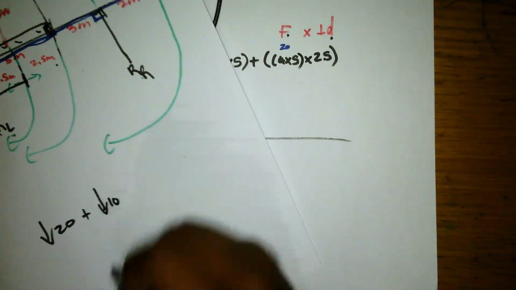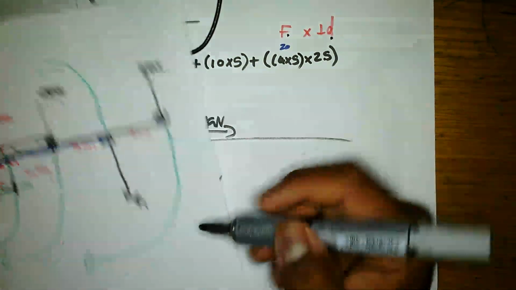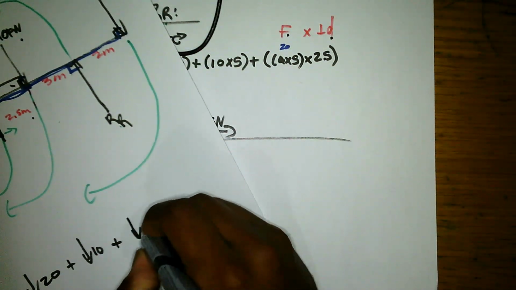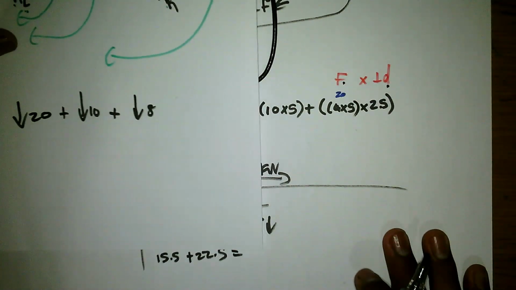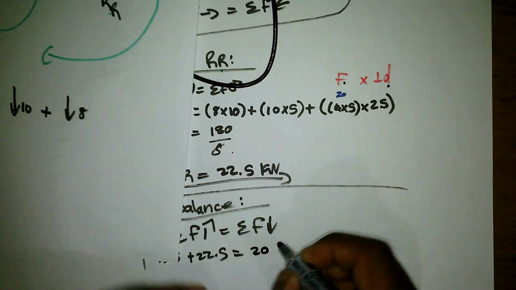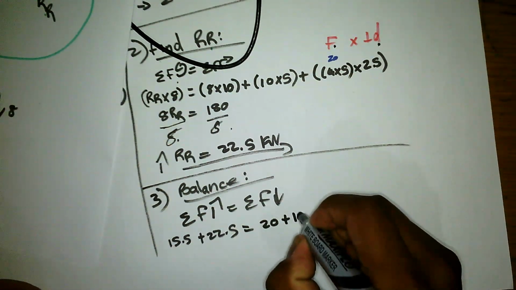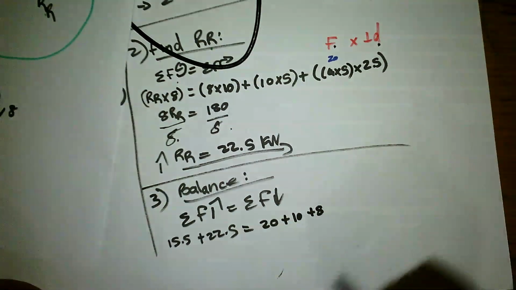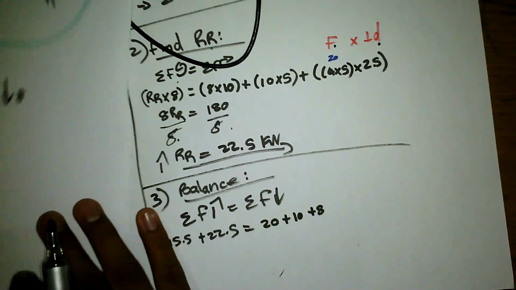And then one more, we've got 8 kilonewtons pointing down. And now we substitute that into our formula as is. Okay, so now we've got 20 plus 10 plus 8.